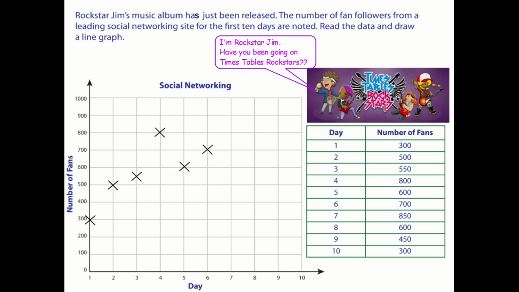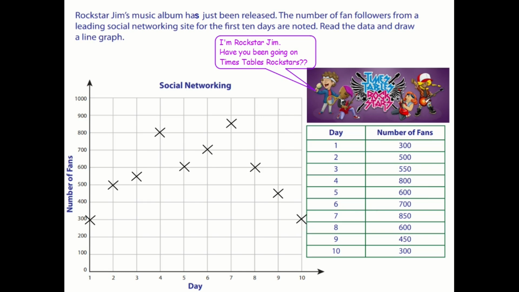Day 7, 850. It's going to be halfway between 800 and 900. Day 8, 600. And day 9, 450. And finally, day number 10 is 300.